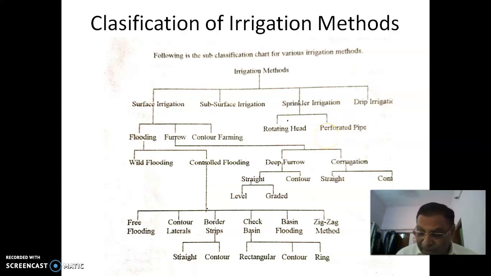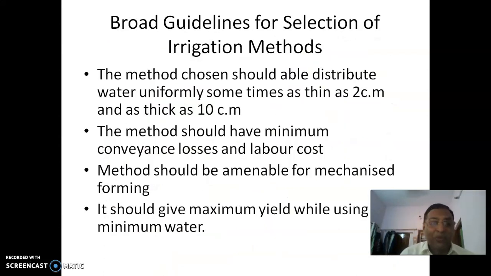Next, before we go to the actual methods, let us see what the broad guidelines for choosing an irrigation method are. We must try to understand them. The broad guidelines are that the method chosen should be able to distribute water uniformly, sometimes as thin as 2 centimeters and as thick as 10 centimeters.